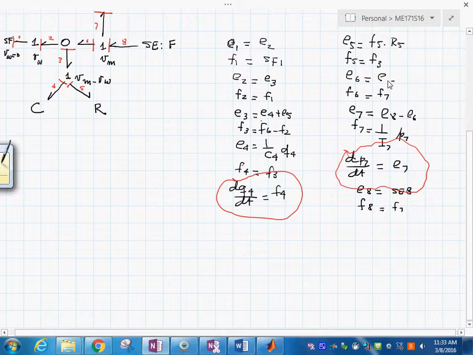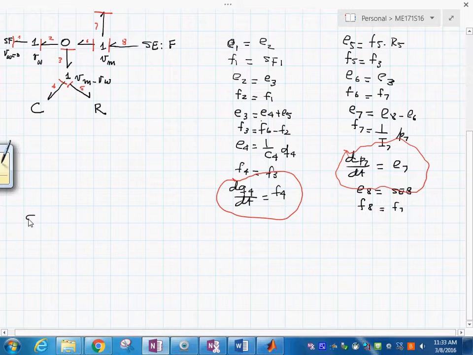And you could say dq sub 4 dt is equal to f sub 4, and then you go to the list over here. What is f sub 4? Where is it? It's f sub 3, right? And what's f sub 3?